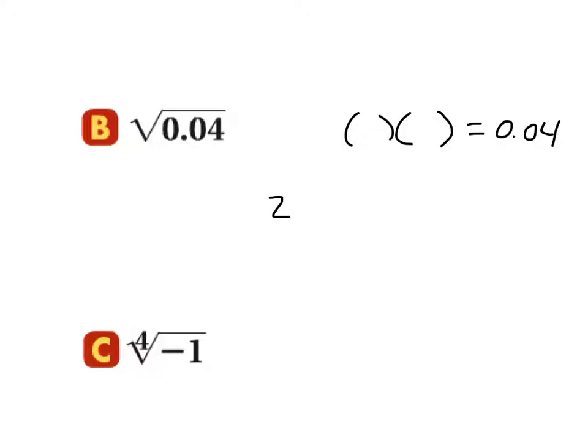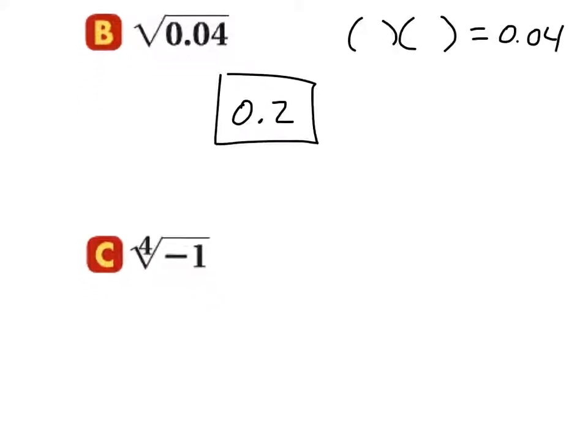Right? So, if I have two numbers multiplied together that gives me a number with two numbers behind the decimal point, each of these numbers must have one number behind the decimal point. Remember how we multiply decimals? Right? So therefore, this must be 0.2. 0.2 times 0.2 gives me 0.04.